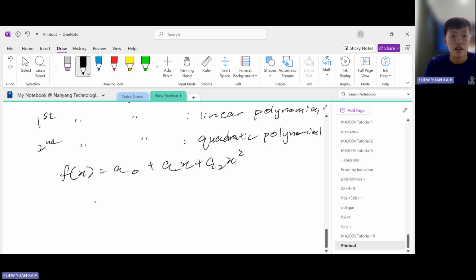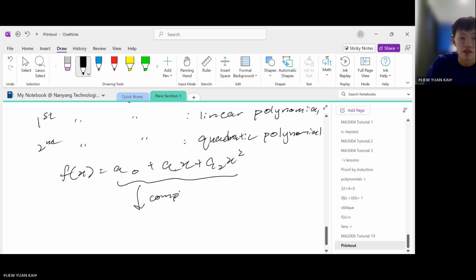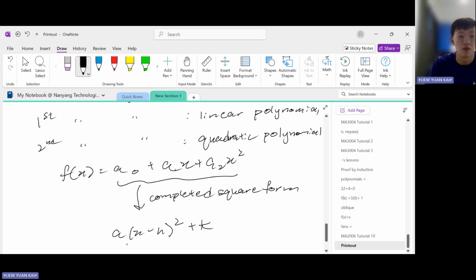And don't forget, quadratic polynomials can be written in a special form called completed square form. Generally it takes on the form of a times (x minus h) squared plus k. We will talk about this later.